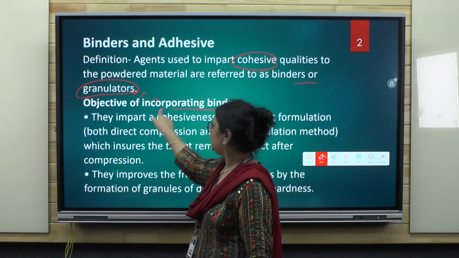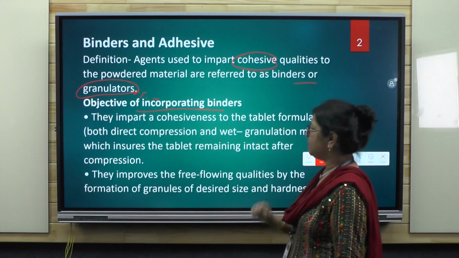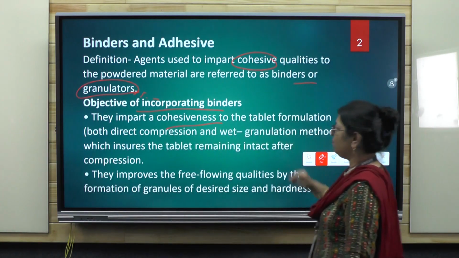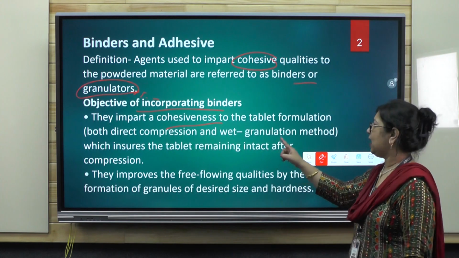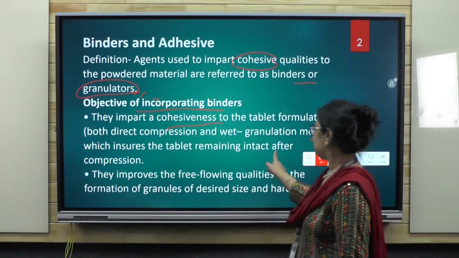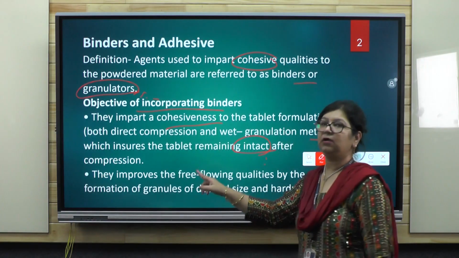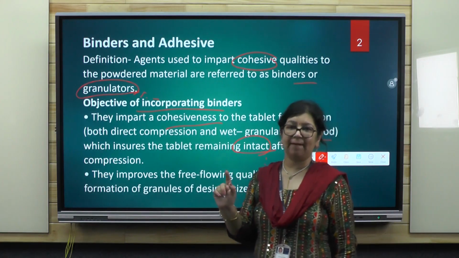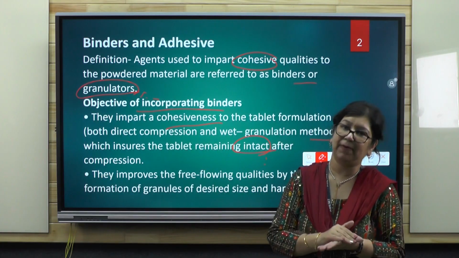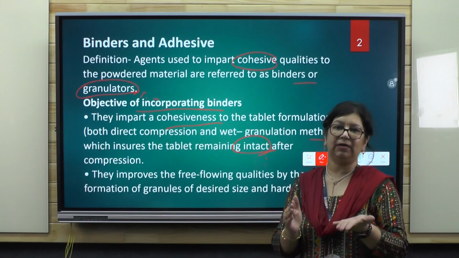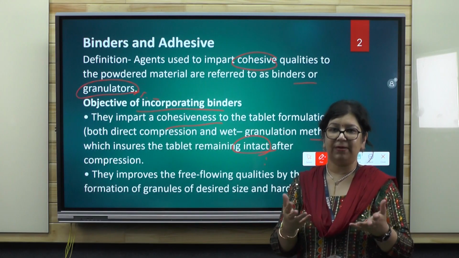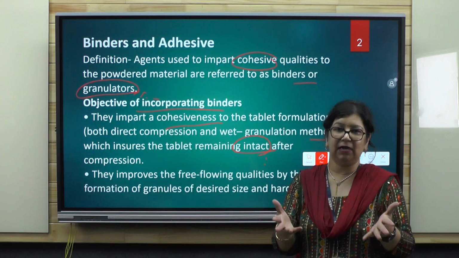And the objectives of the incorporation of binders: they impart cohesiveness to the tablet formulation, both in direct compression and wet granulation method, which ensures the tablet remains intact after compression. So it should not happen that when we compress the powdered material in the tablet die punch and it is removed from the die punch, the tablet will come out, but eventually it will break and fall apart in the form of powder.